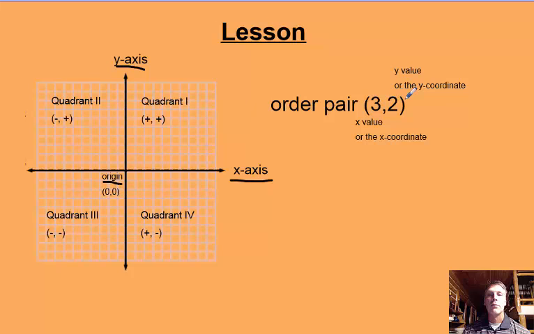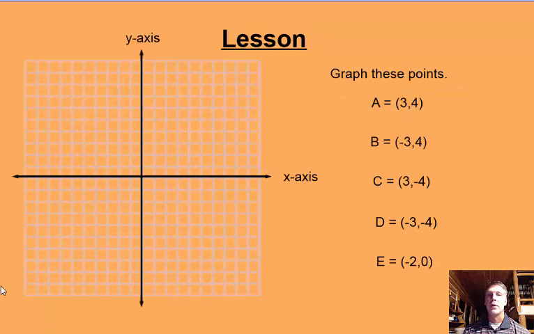And the 2 represents my y value, or my y coordinate. And we call that an ordered pair. So those are how we get points on this graph, by having one x and one y value. Alright, let's move on here, and we'll start graphing some points.